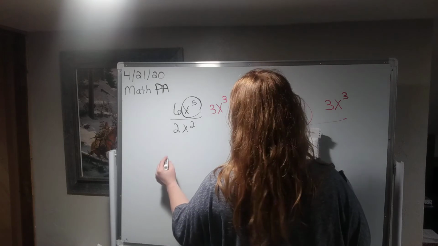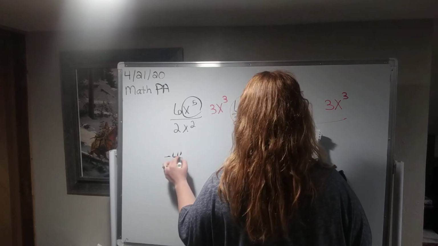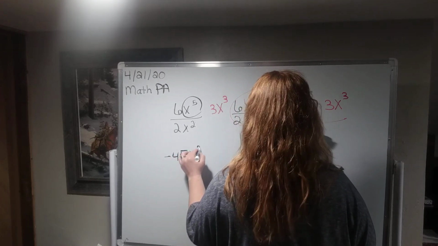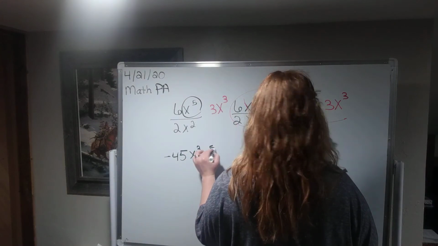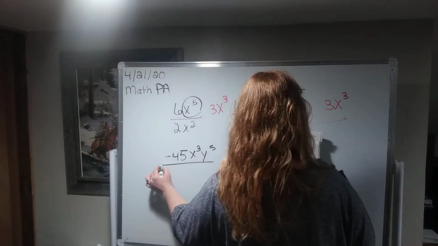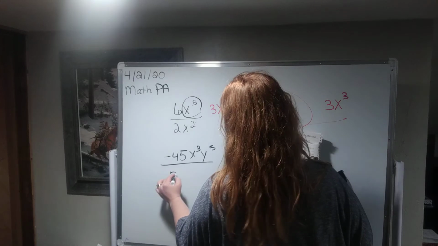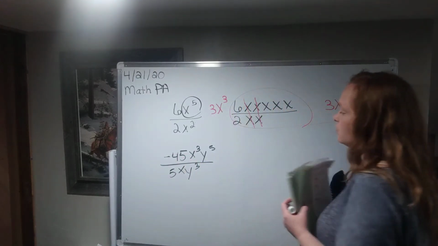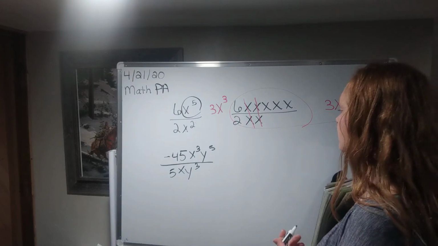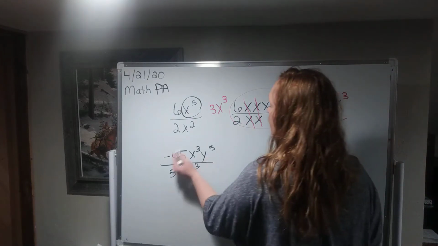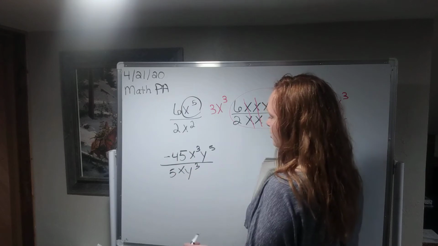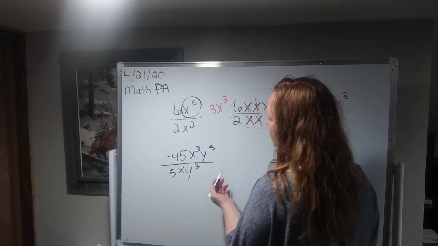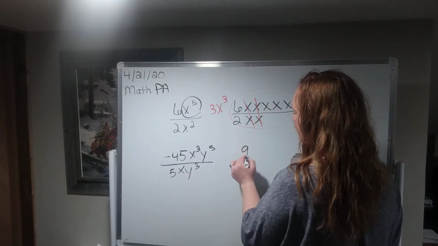Okay? So, let's do another one. Example 2. It says divide negative 45 x cubed y to the 5th by 5x y cubed. Notice I wrote it in fraction form, not with the division sign. So I have a monomial. There's no addition or subtraction signs. So negative 45 divided by 5 is 9.